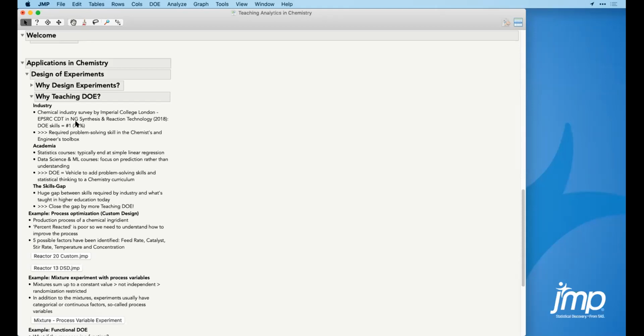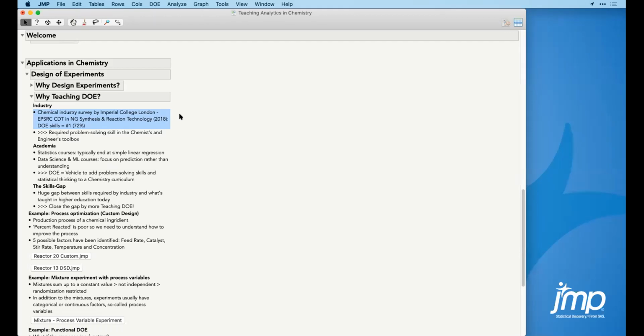Why teach it? Because it really matters in industry. Two years ago, Imperial College designed their Center for Doctoral Training and their curriculum for PhD student education. And they started a survey in the chemical industry. They asked almost 30 companies in the UK, what are the skills you require?